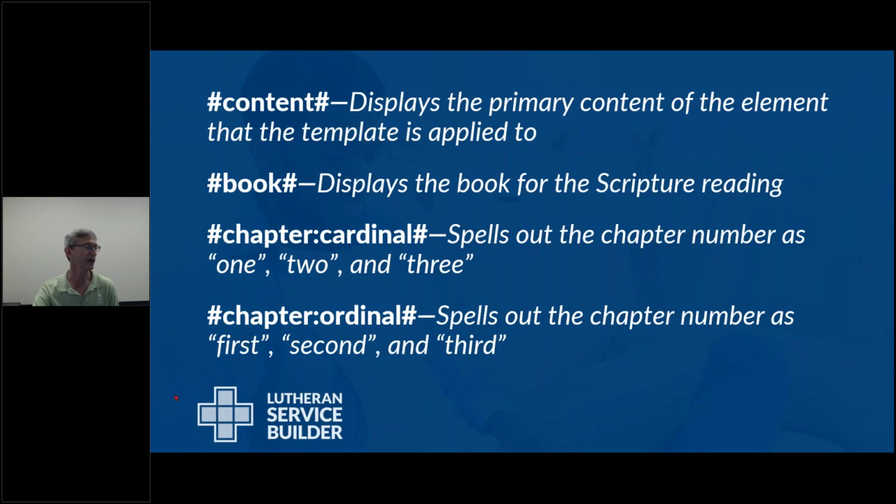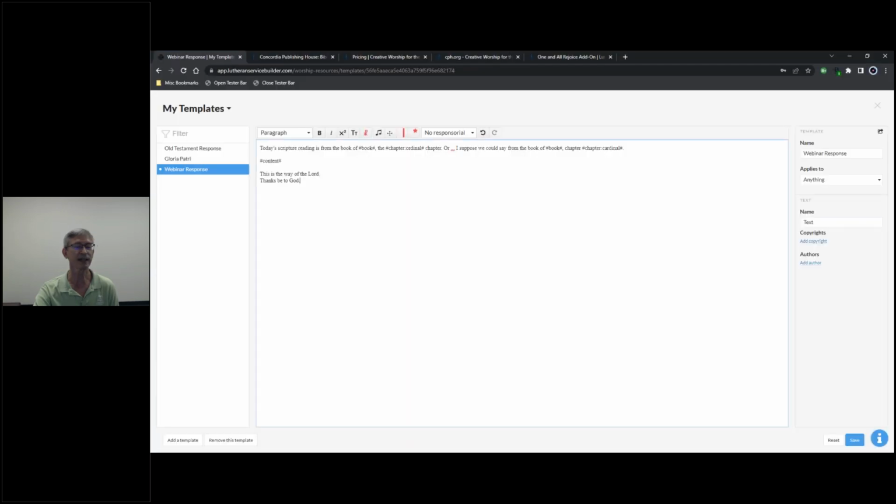So let's show how that applies here, because since I created this webinar response here for us, I use both methods. And now obviously you wouldn't say today's scripture reading is from the book of whatever it is, the chapter, whatever that is. Or I suppose we could say the book of Samuel chapter 3.